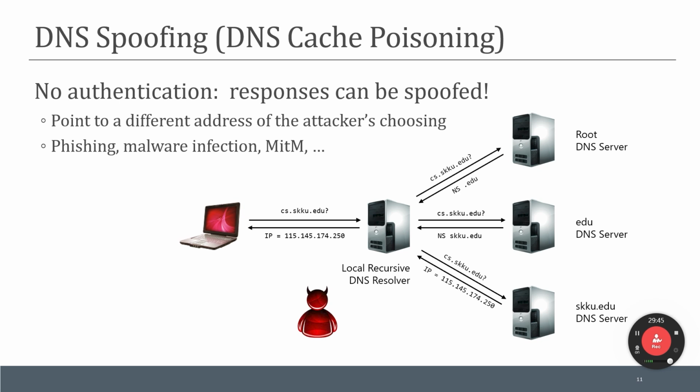And the fundamental cause of DNS spoofing or DNS cache poisoning is the lack of authentication, meaning that the responses can be spoofed. So earlier we talked about cache poisoning, ARP cache poisoning.